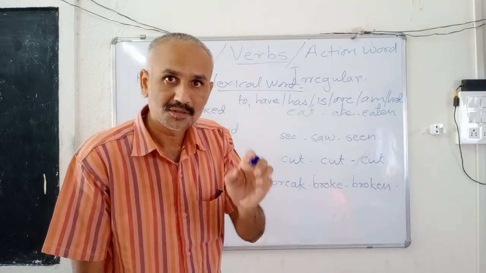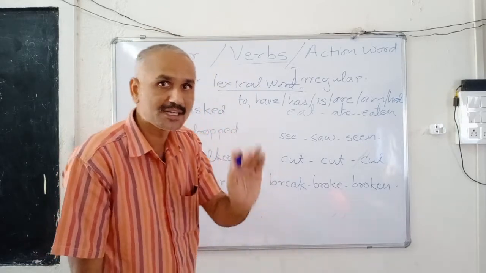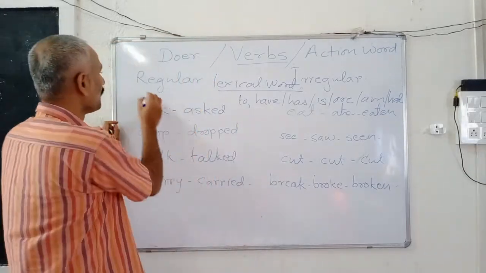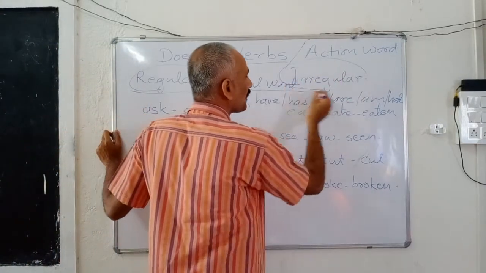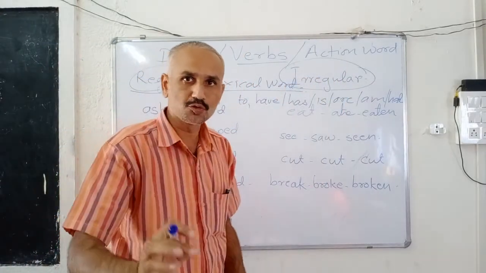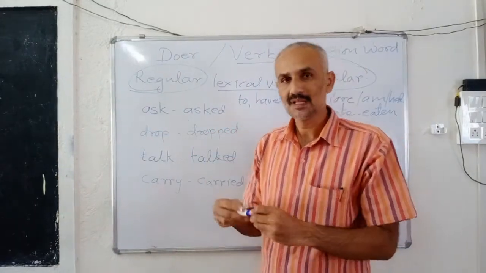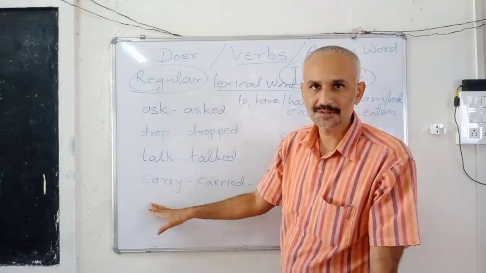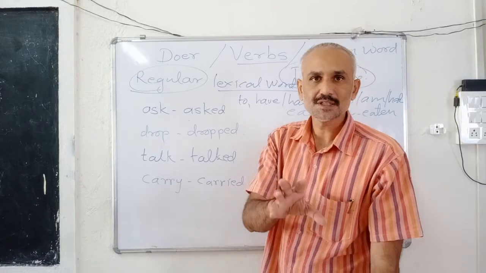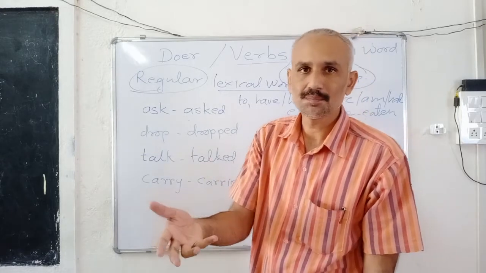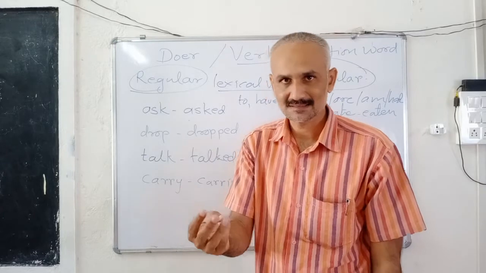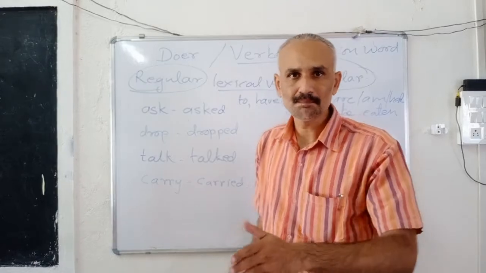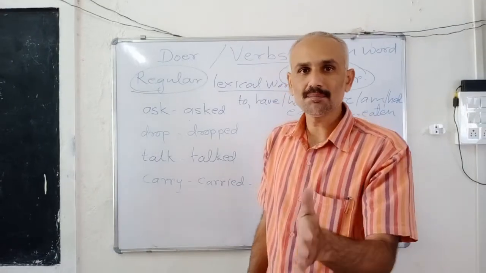All verbs, especially lexical verbs, are divided into two major categories: regular verb and irregular verb. Now try to understand what a regular verb is and what an irregular verb is. Here I have written down some of the regular verbs. Generally we can transform the verb into these categories: the base form of verb, the s form, the ing form, then the past form and the past participle form.